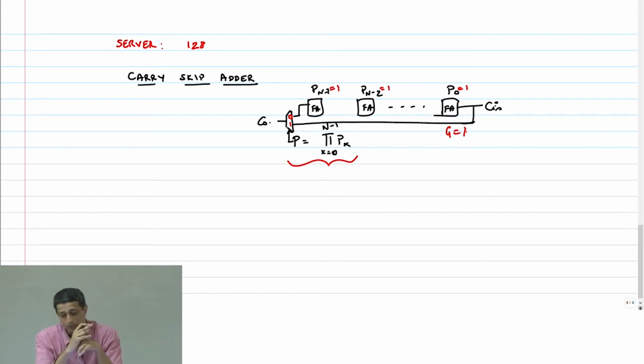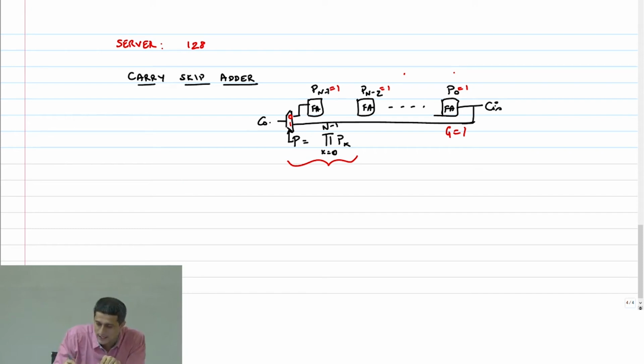The second key point is, if one stage generates, suppose I split my 128 bits into chunks of, let's say, 4 bits. Now, if a carry is generated in any one stage, then I don't have to wait for the carry to propagate all through. Okay, this is the key idea, but let me show you the schematic, then you will figure out what I am saying.